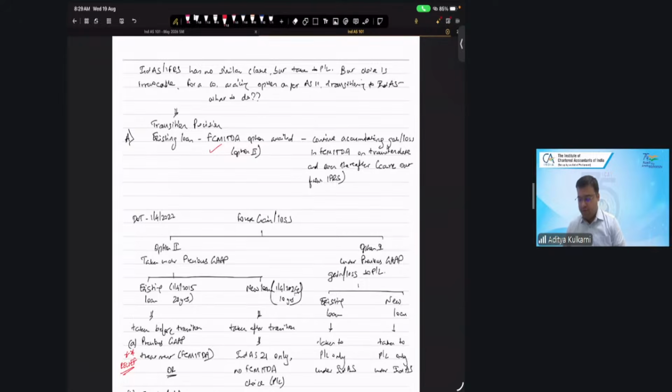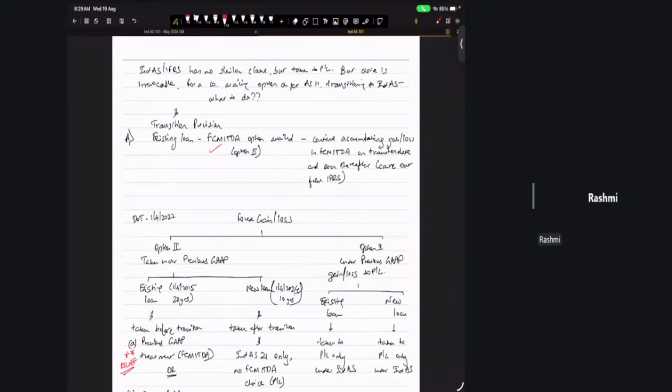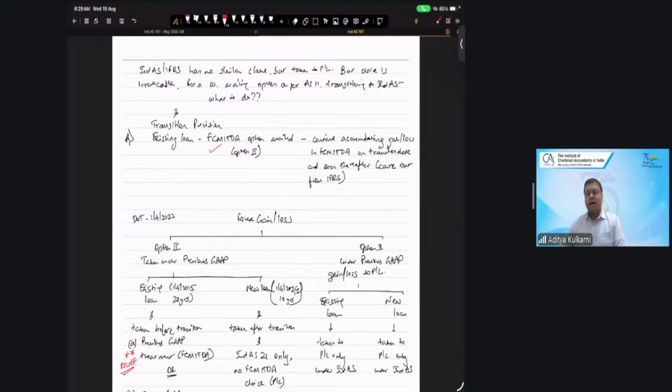I opted for the deferral. What MCA told me in the carve out is, if you had availed option 2 earlier, then you can continue to accumulate the gain or loss even after transition in the FCMITDA account. That means effectively it has permitted you to carry forward the FCMITDA adjustment into the current regime as well.